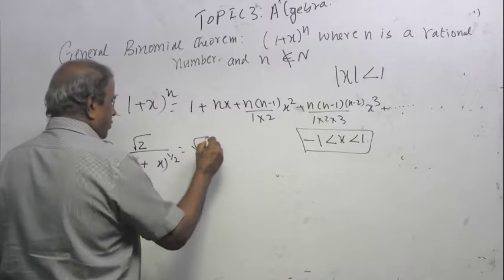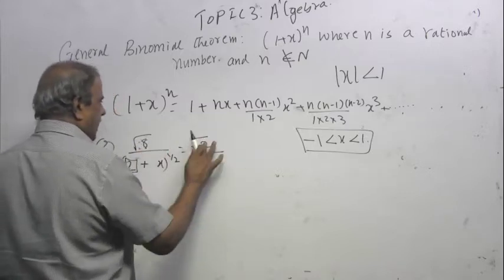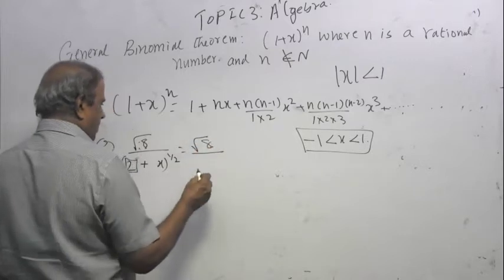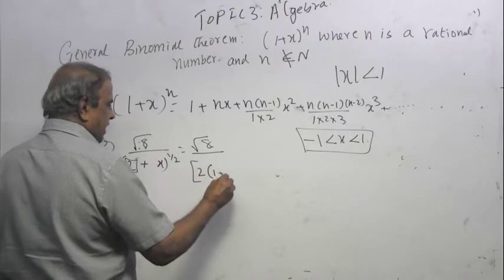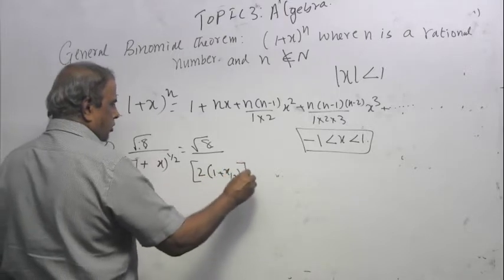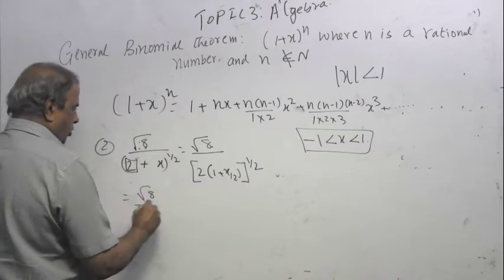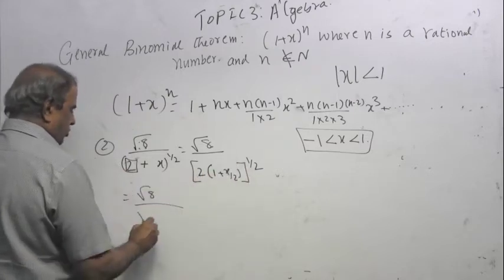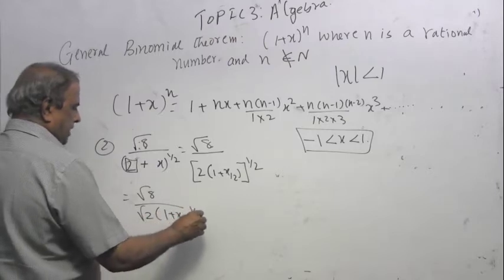So it is root 2 over, let's make it root 8. Root 8 over, remove 2 by force as a common factor. I get (1 + x/2)^(1/2). So that's root 8 over 2^(1/2), which is root 2, times (1 + x/2)^(1/2).